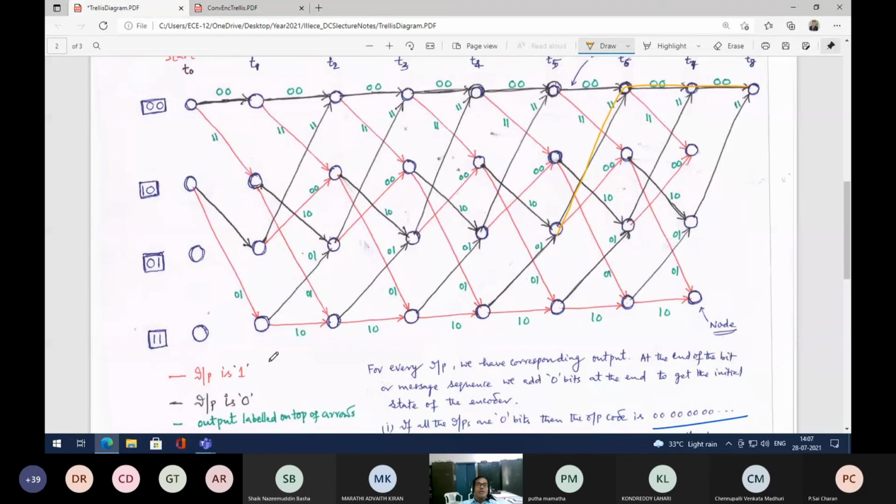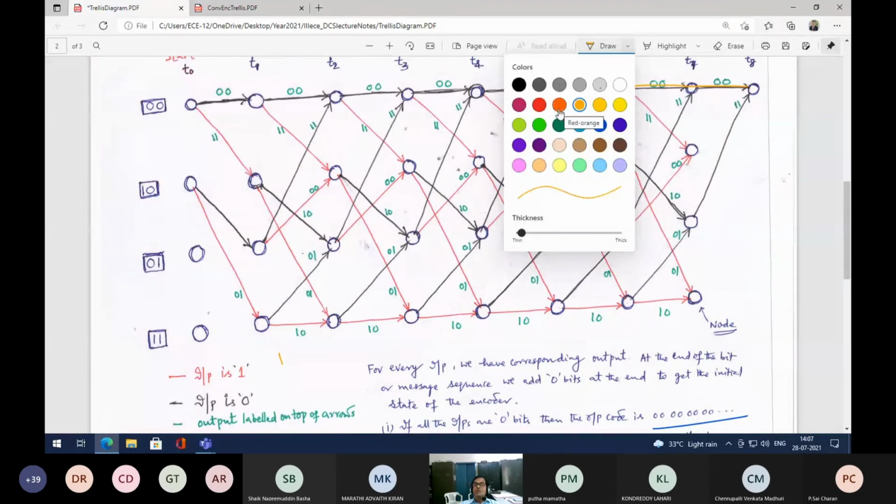Yeah, let me draw here so that it will be useful, and by seeing it I can write.